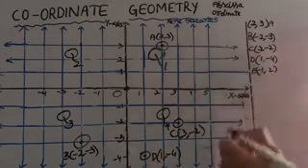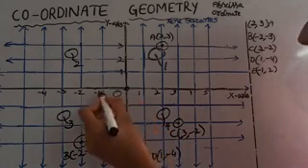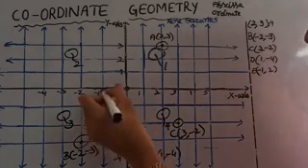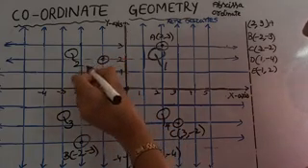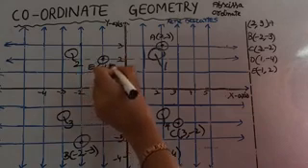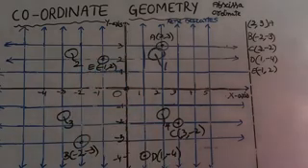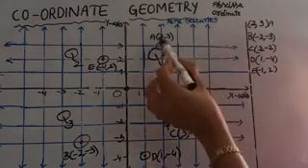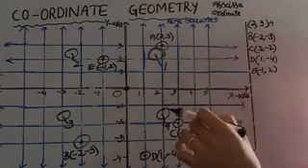Then one more, E (-1, 2). -1 on the x-axis, then 2. This is E (-1, 2). Understand how to locate the points, which is very important here. See now which points lie in which quadrants. First one, A (2, 3). Here both are positive.